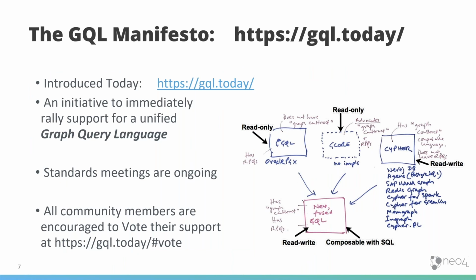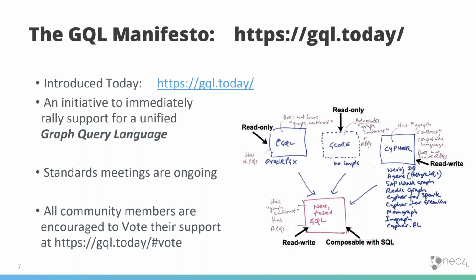And earlier, about a week ago now, we came out with the GQL Manifesto. And what this is, and you can still read about it at gql.today, where the original manifesto lives, is an initiative to rally support for a unified graph query language.